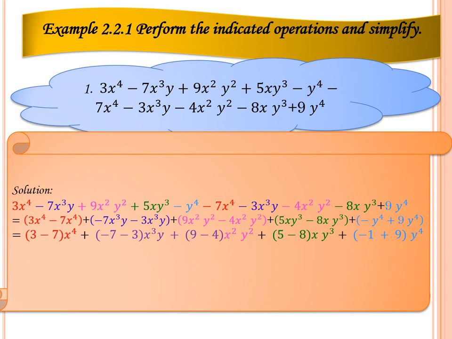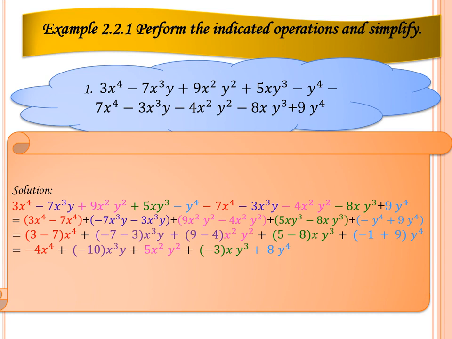And si 9x squared y squared minus 4x squared y squared naman can be expressed as 9 minus 4 quantity x squared y squared. Okay? So, the same din doon sa green at saka sa blue. The same process. For the next step, we add or subtract the numerical coefficient of these terms.